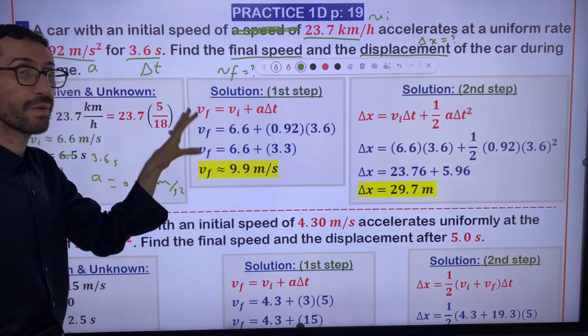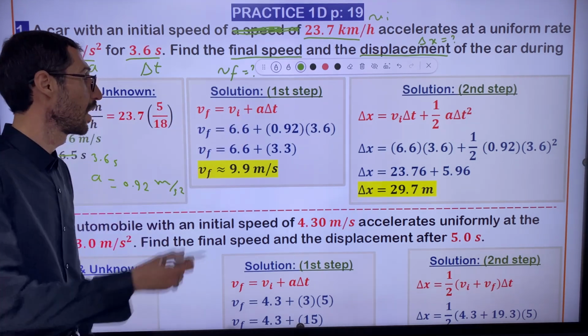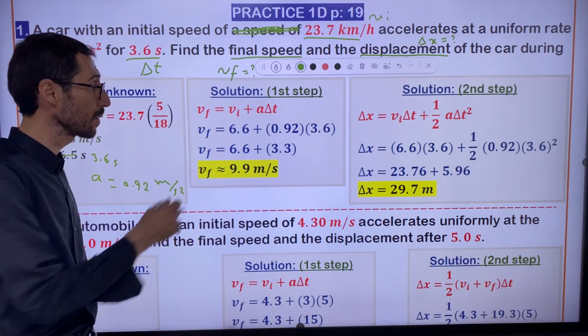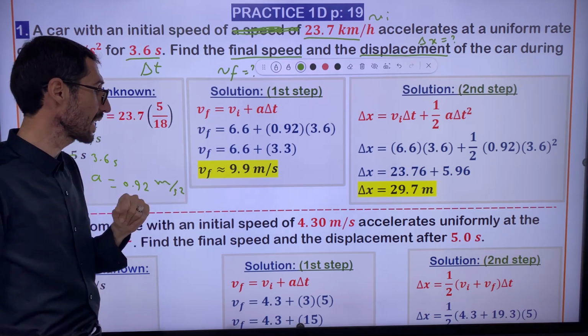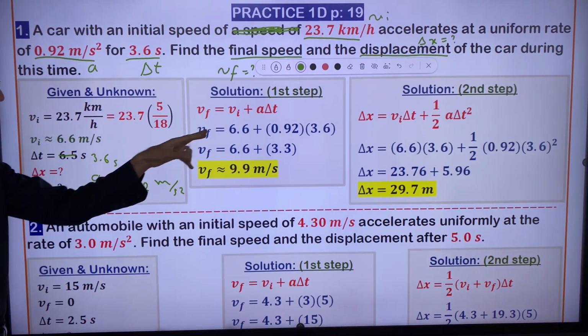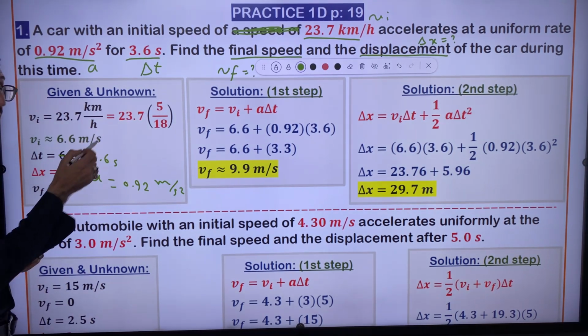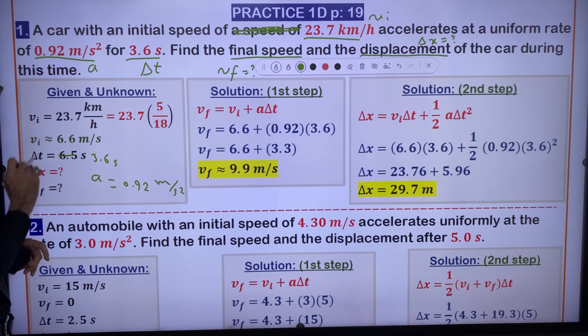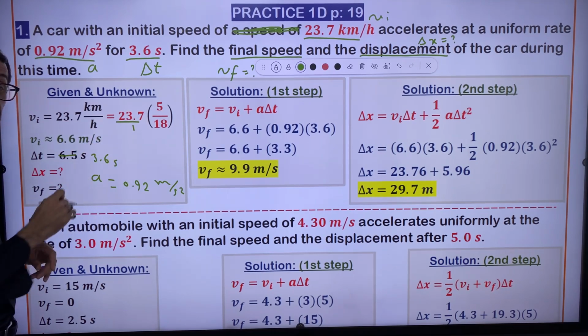Right now, we are going to find the final velocity by means of this equation. Final velocity is equal to initial velocity plus a times delta t. V final is equal to 6.6. You may ask, teacher, where does this number come from? It comes from the conversion of 23.7 kilometers per hour to meters per second. And what's the conversion factor?